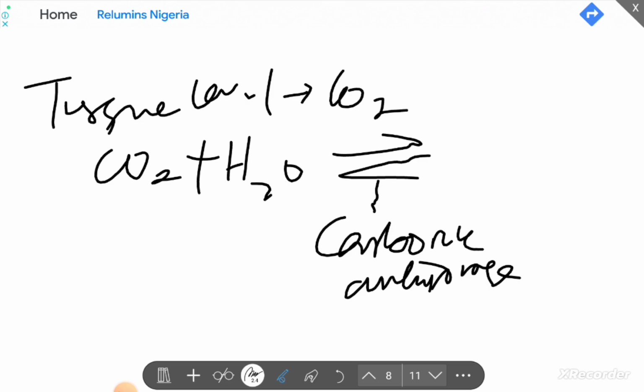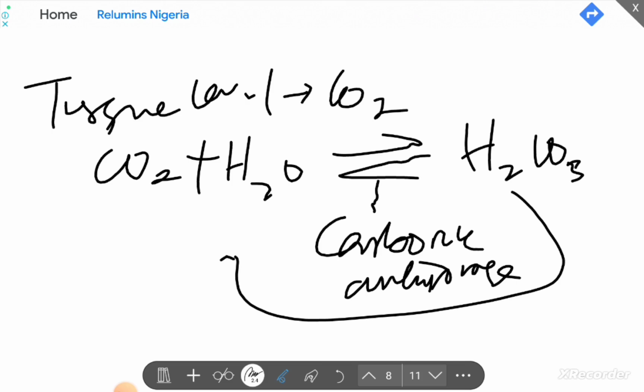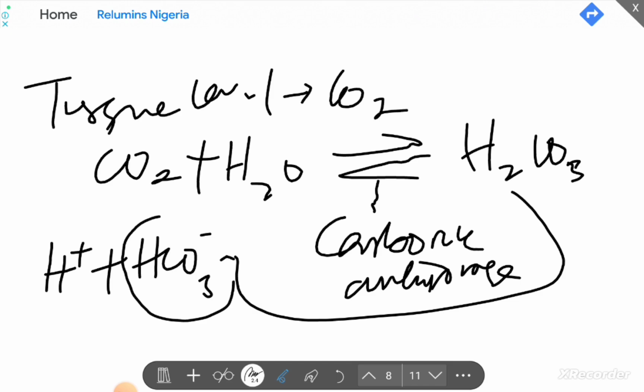This is going to give us carbonic acid, H2CO3. This carbonic acid can be further worked on to give a proton, hydrogen ion, plus bicarbonate, HCO3. This bicarbonate can be carried in the plasma.